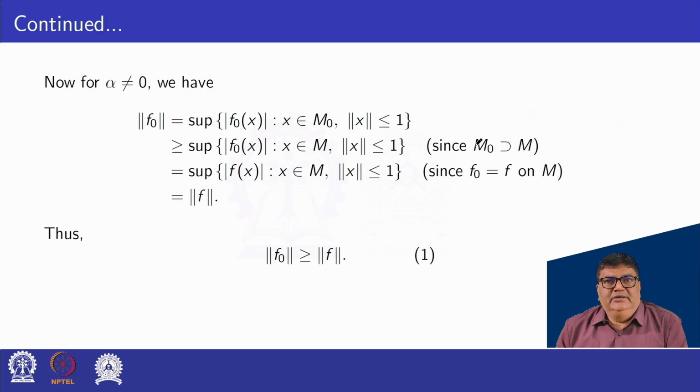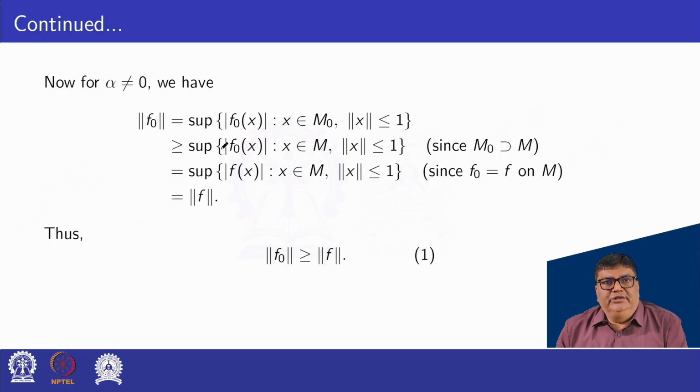Okay, since M0 is a superset of M, that is M is a proper subset of M0, or we can say that M0 is a superset of M. So x belonging to M0, okay, so this is the bigger space than M. So this is greater or equal to supremum of f0(x), such that x belonging to M, norm x less or equal to 1.